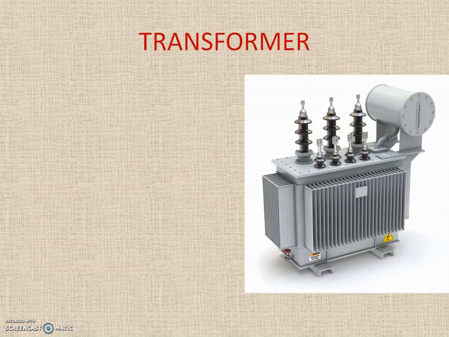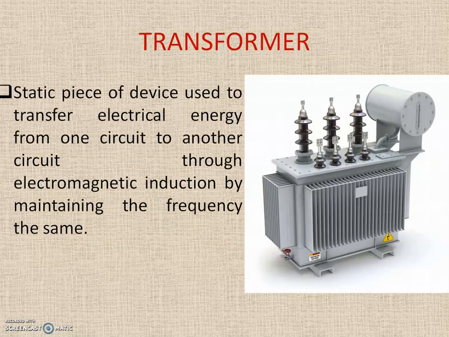Okay, so basically a transformer is a static device which is used to transfer electrical energy from one circuit to another circuit through electromagnetic induction, and this is done by maintaining the frequency the same, that is the frequency at the receiving end, or the secondary side of the circuit, will be the same as that at the supply side of the transformer.